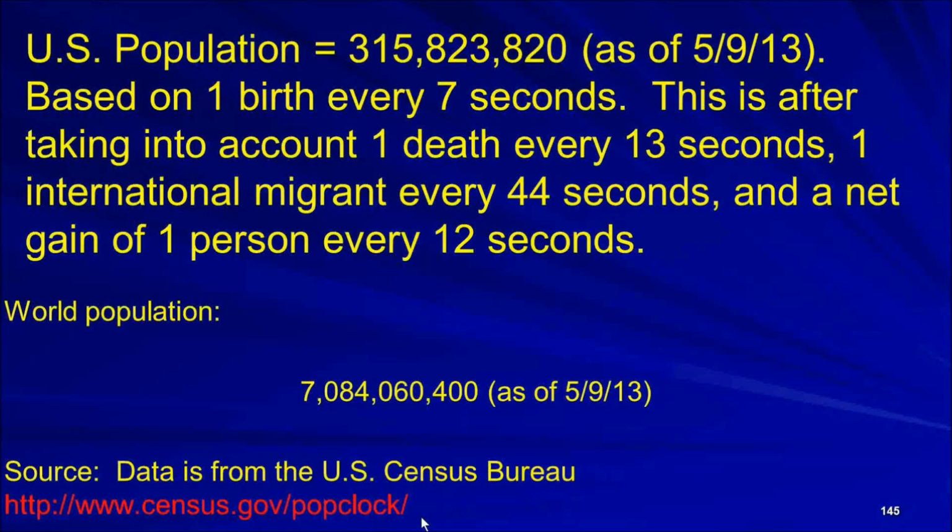Now we have 1.9 children per family, so we have less than a replacement model occurring. But still, in terms of the population clock, you will see that our U.S. population is still growing in number. It slowed it down, but we're still adding individuals routinely to the total number of Americans.